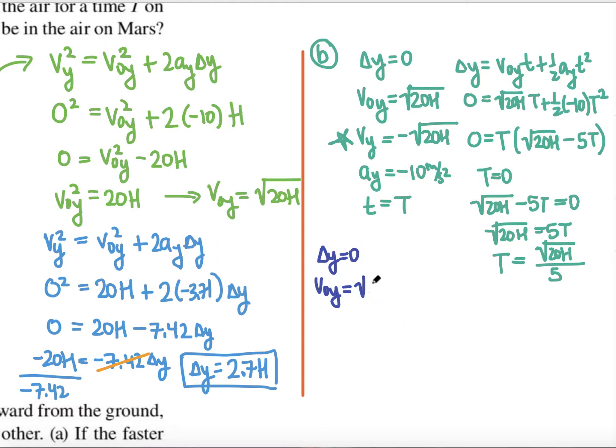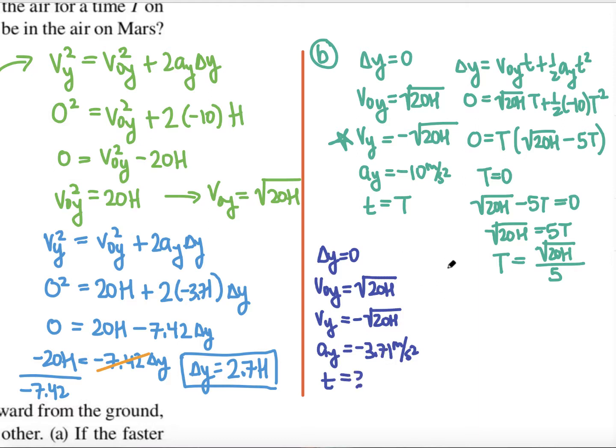Oops. Same initial speed. V final y should be the same, just negative. Our acceleration is different on Mars, however. It's negative 3.71. And now our time is unknown.